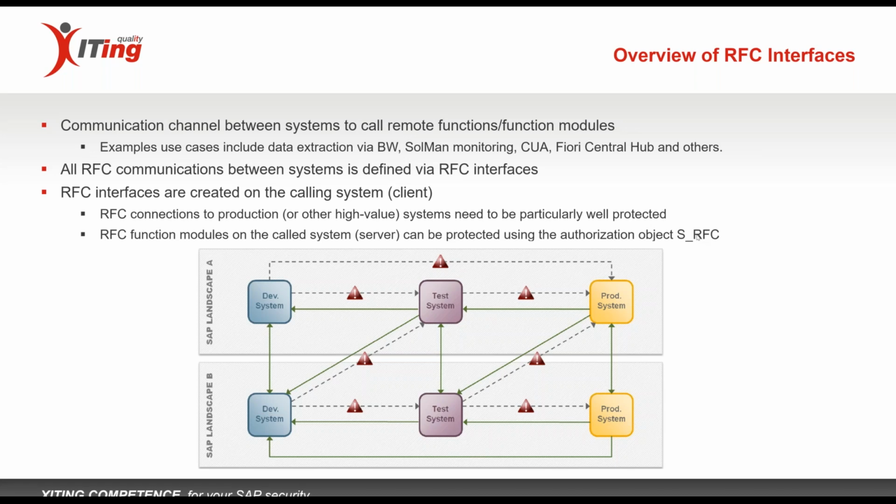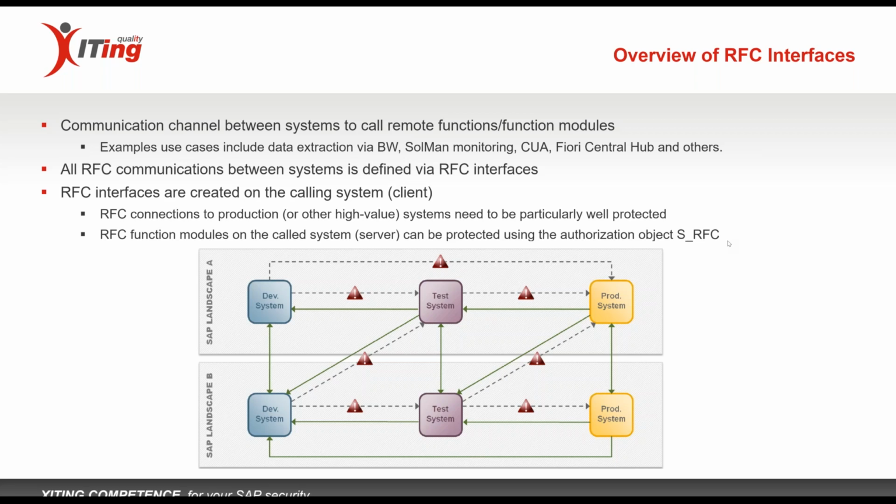And of course, he will then need authorizations to execute function modules. And there is a very important authorization object in this scenario, which will control whether or not the technical user can execute function modules. It's the so-called S_RFC. And there are different possibilities to authorize for this object. You can authorize for function modules themselves, for the name.